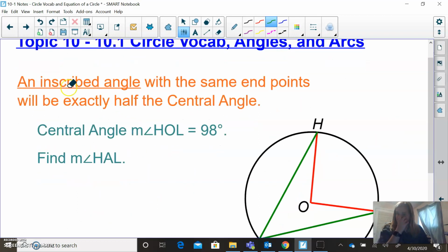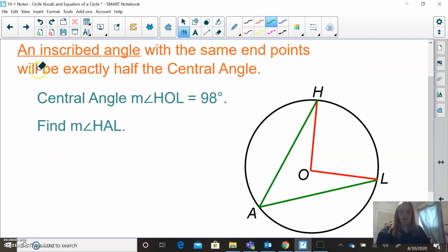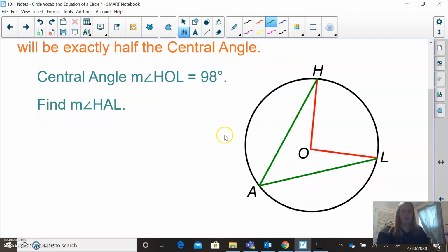An inscribed angle with the same endpoints will be exactly half the central angle. So if you see here, we've got central angle HOL. The inscribed angle HAL will be half of 98.